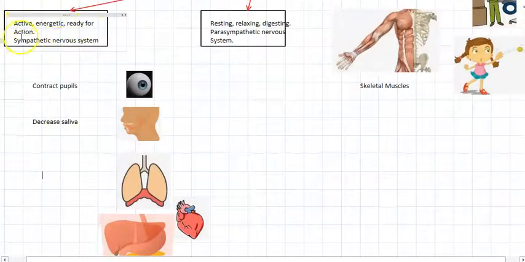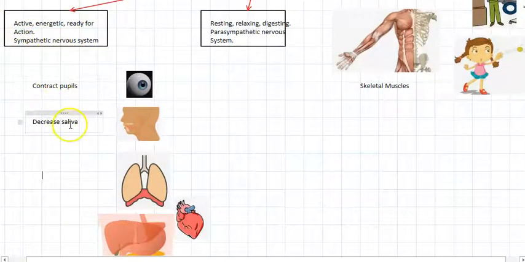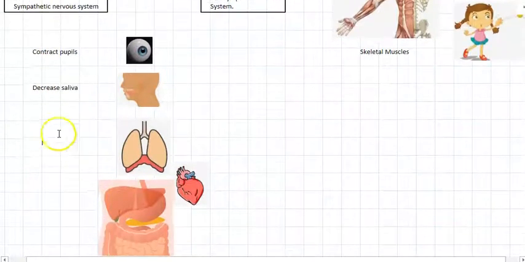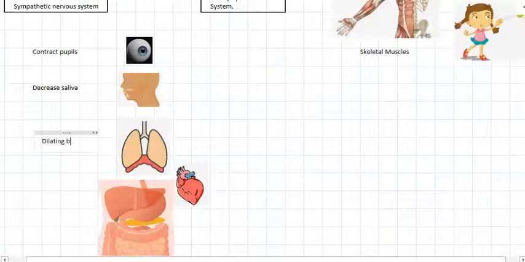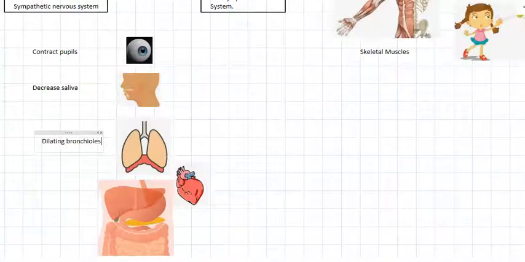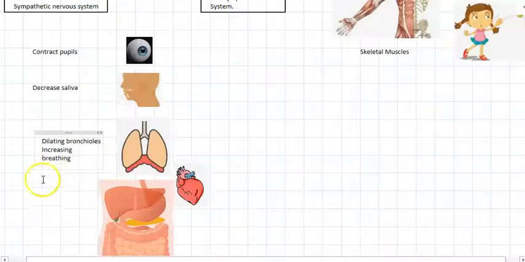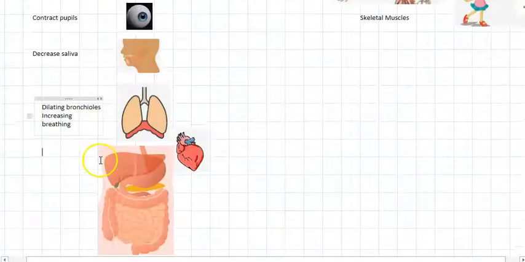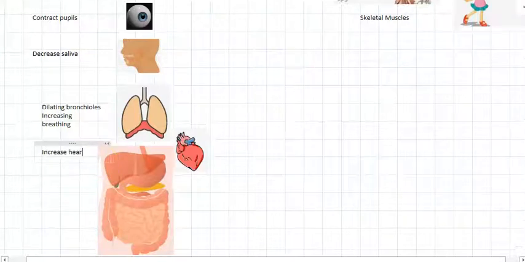They're doing anything that's making our body ready to be moving around and giving us extra energy. So in terms of our lungs, they are dilating the bronchi and the bronchioles in the lungs so that more oxygen can get into our bloodstream. They're also increasing our breathing rate. Those nerves also increase the heart rate.